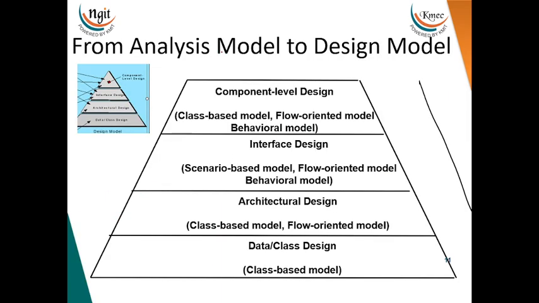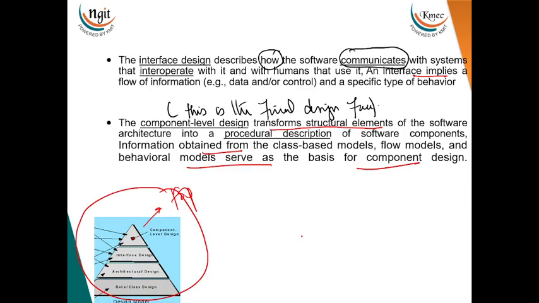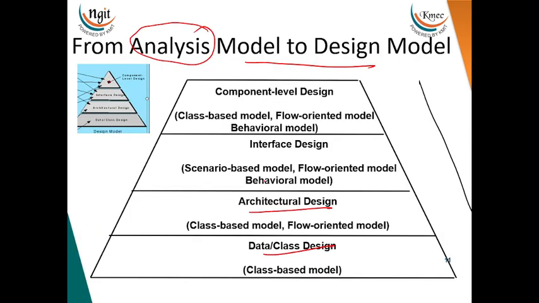Now if you go to this, this should be design. Analysis model to design model, how it works out. So we have the data class design, class based model, architectural design, class based model, flow oriented. Then we have the interface model, scenario based modeling, how they are connected, component level, class based.